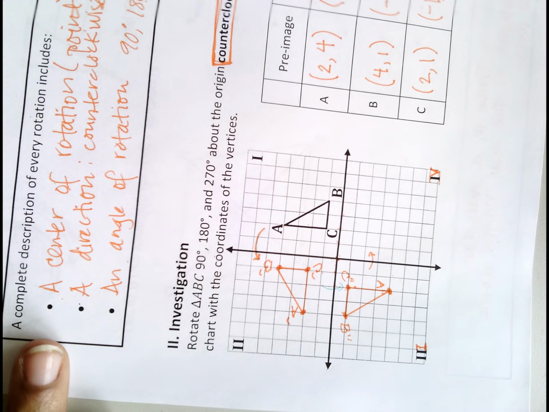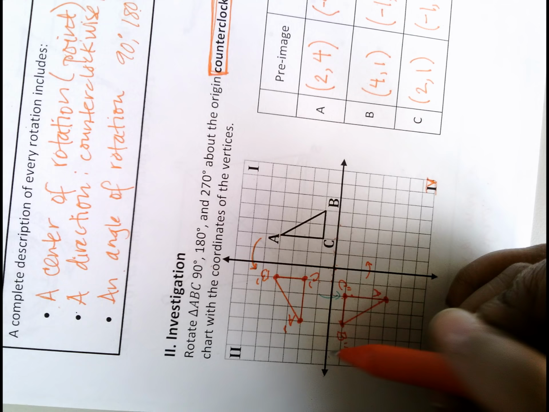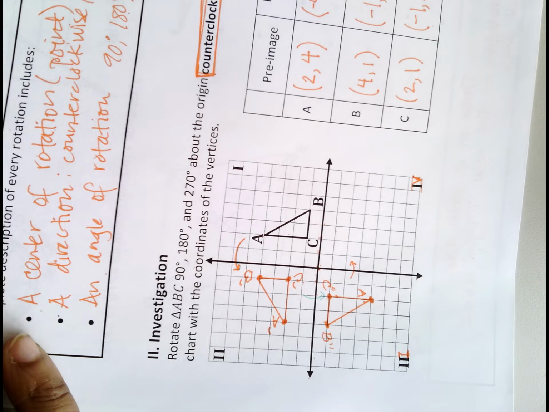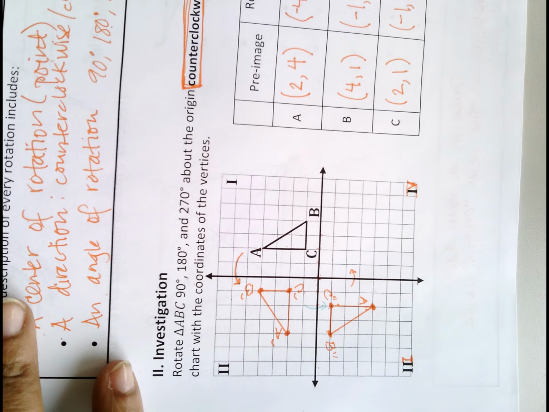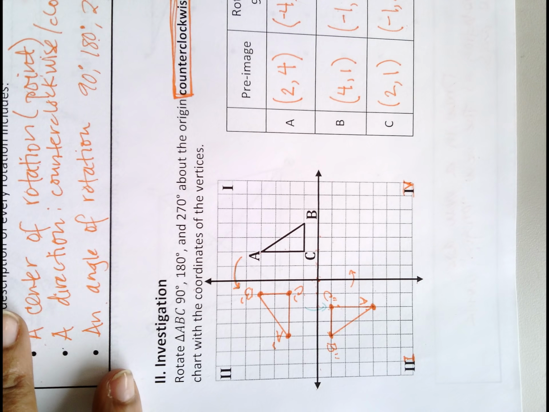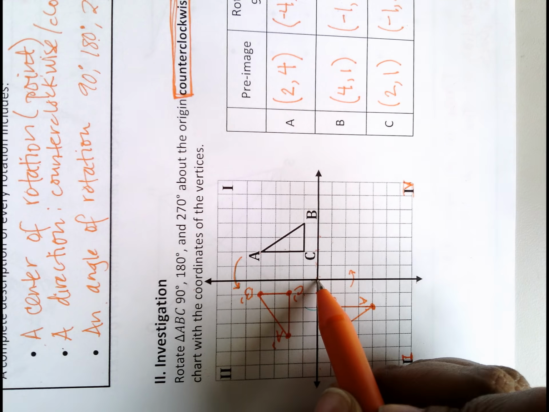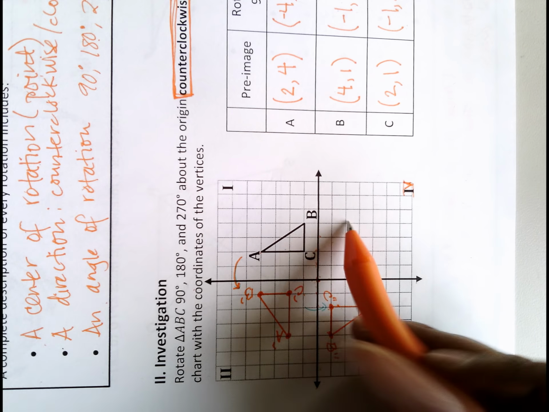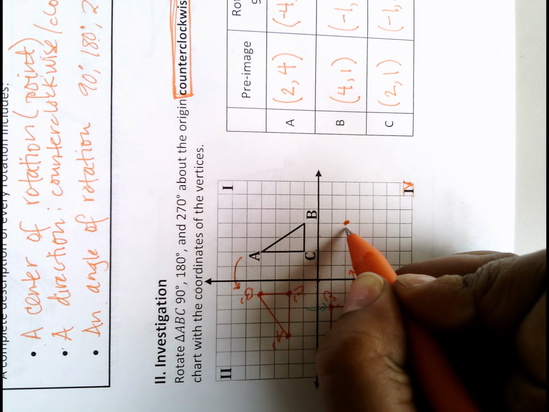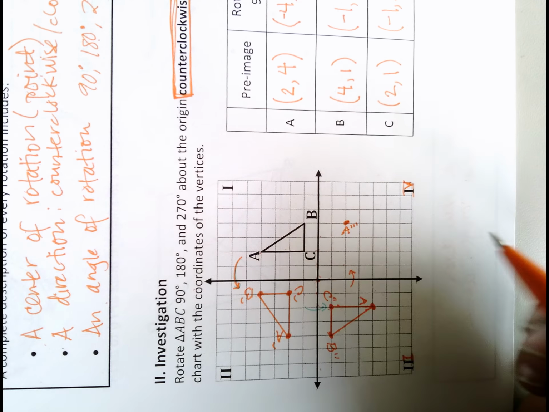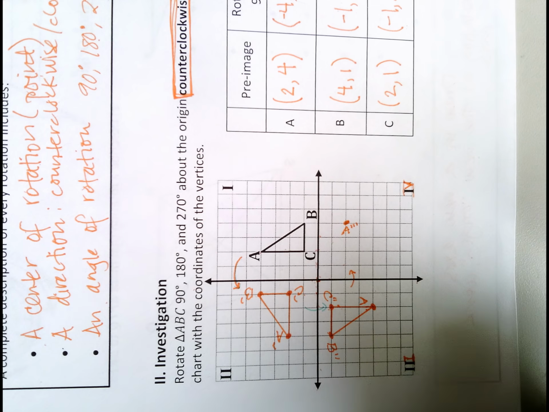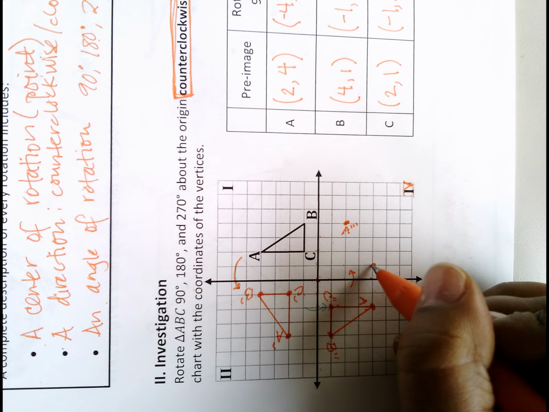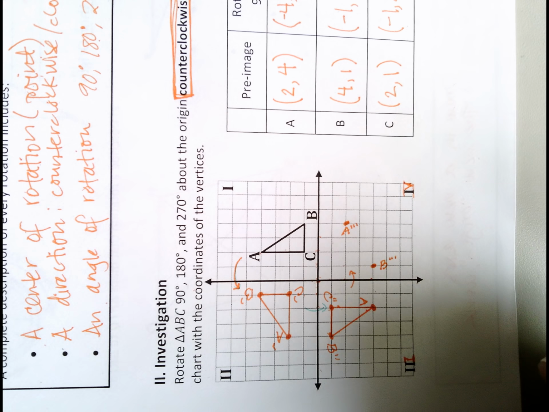And then, again, I'm going to look at this as my y-axis, that's my x-axis, and plot the original figure, meaning the coordinates of the pre-image. I'm going to plot them here, all right? So 2, 4, 1, 2, 1, 2, 3, 4. That's going to be A triple prime. Okay, and then 4, 1, 1, 2, 3, 4, 1. That's going to be B triple prime.